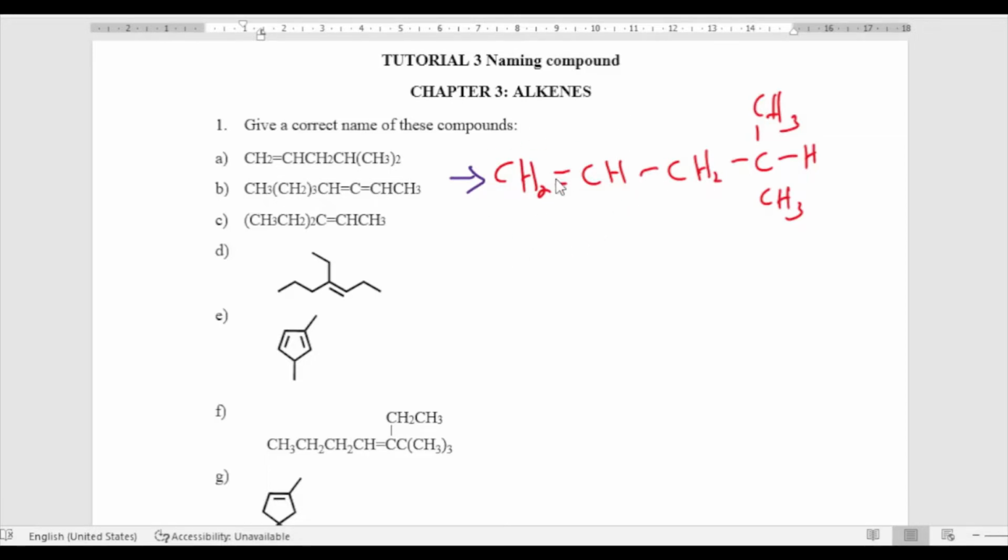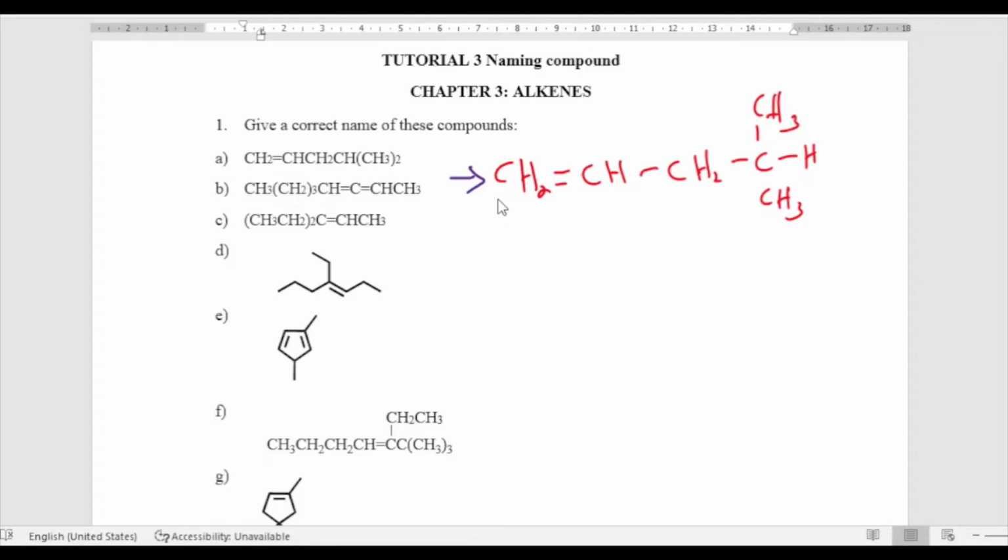Why? Because it will give the double bond the lowest carbon number. If you start numbering here, the double bond gets the lowest carbon number.